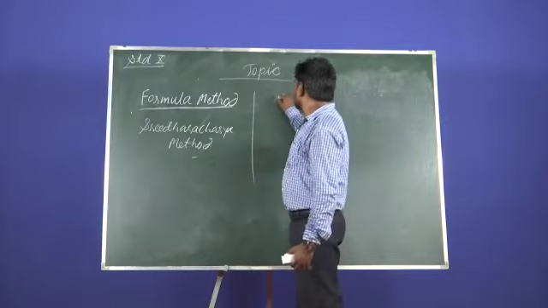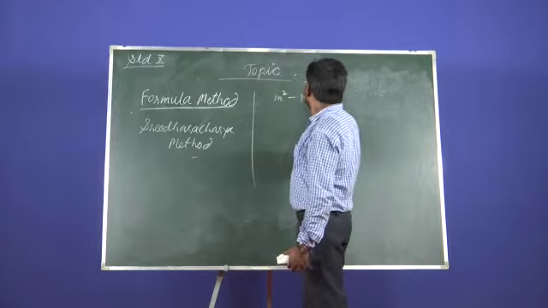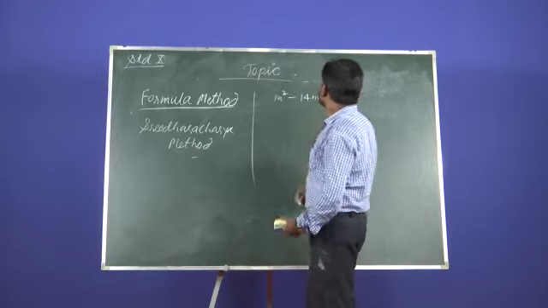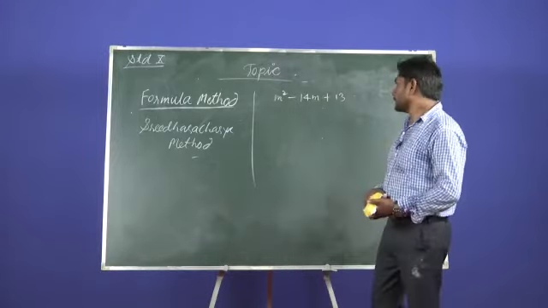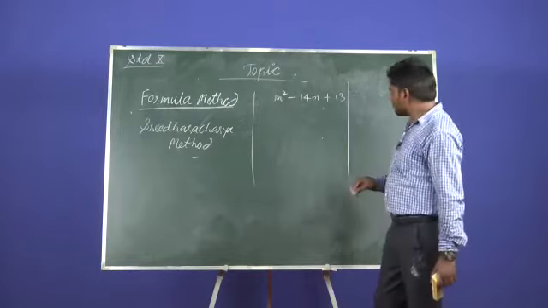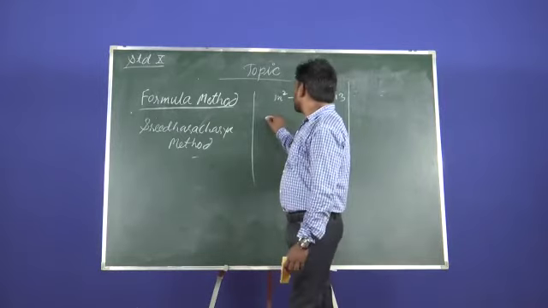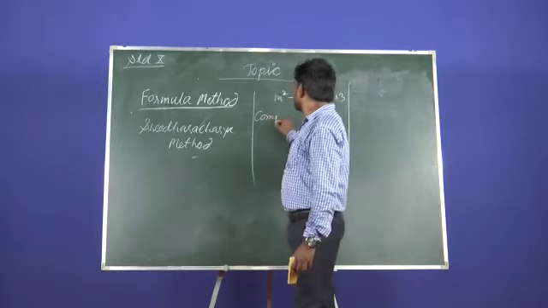Suppose we take an example: m square minus 14m plus 13. How do we solve it with the help of the Sridharacharya method? Compare it with the standard form of the quadratic equation.